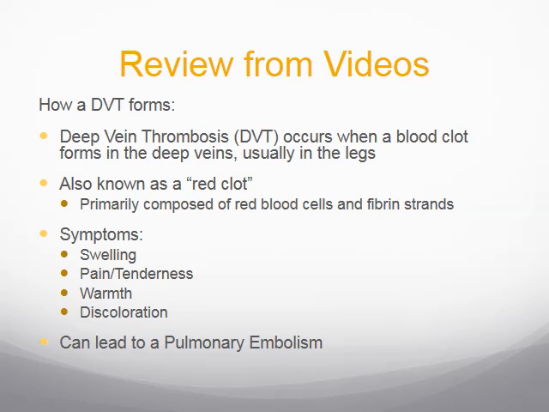As shown in the videos, it's primarily composed of red blood cells and fibrin strands, and that's because the red blood cells coagulate behind the valves of the veins and the deep veins of the body. And as they accumulate more and more, the fibrin begins to hold the red blood cells together. So that's why it's known as a red clot, because of its composition.